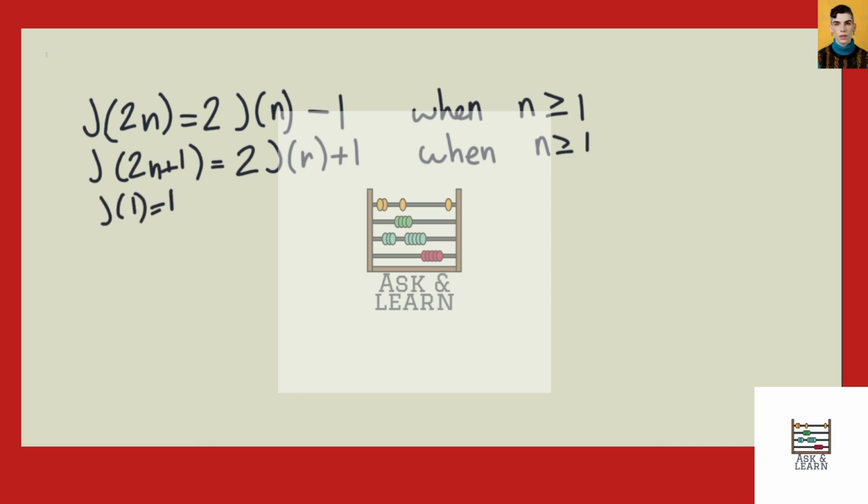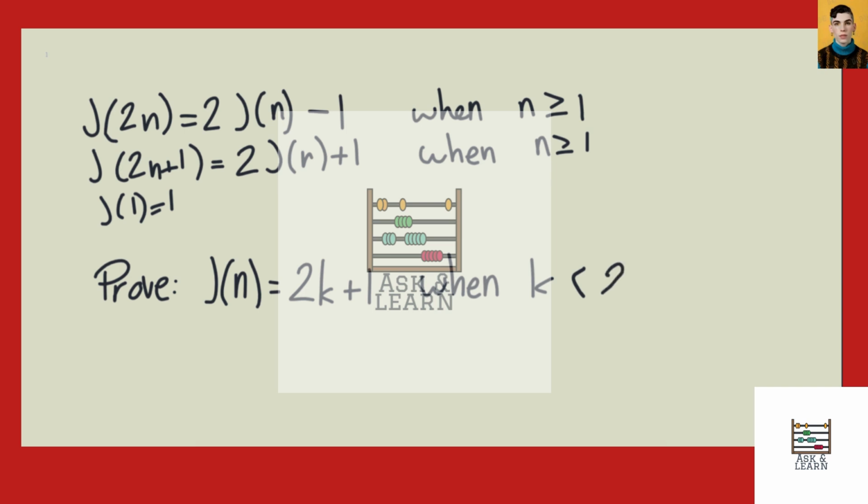We want to prove, so the question is asking us to prove then that j(n) is equal to 2k plus 1, which is what we found in a previous exercise, when k is less than 2^m and n is equal to 2^m plus k.